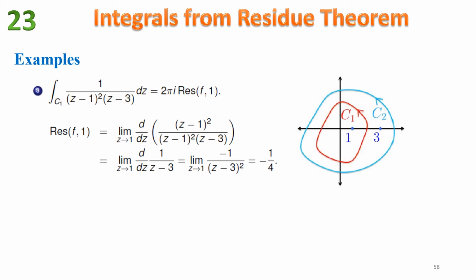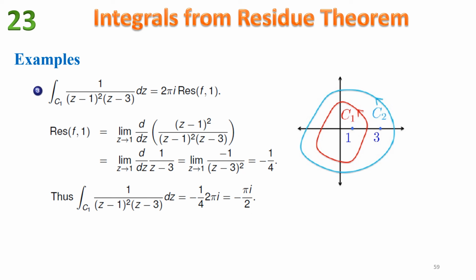So that leads us to a simplification that we have to find d dz of 1 upon z minus 3. So the derivative is minus 1 upon the function to the power 2. And then we have to substitute the limit z equal to 1. So 1 minus 3 will be minus 2, square will be 4, and in the numerator we have minus 1.